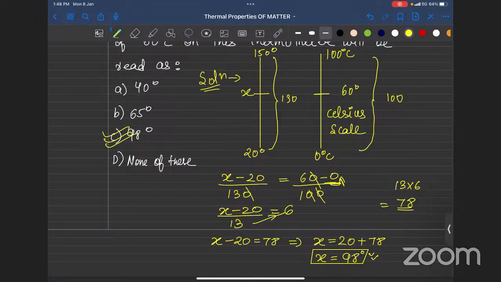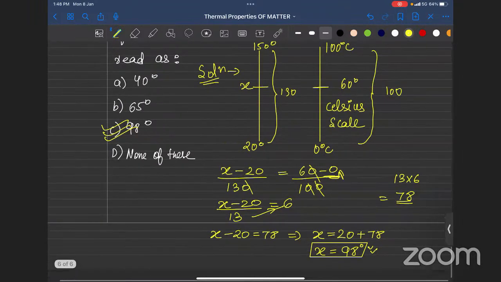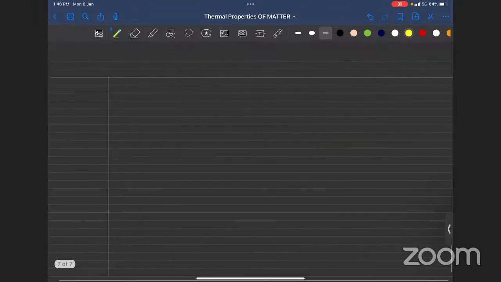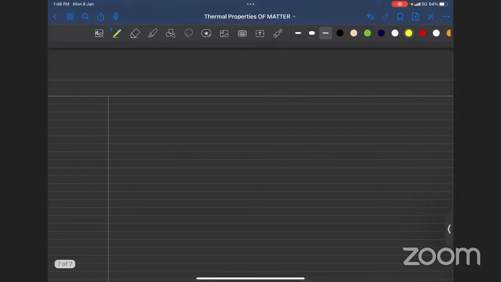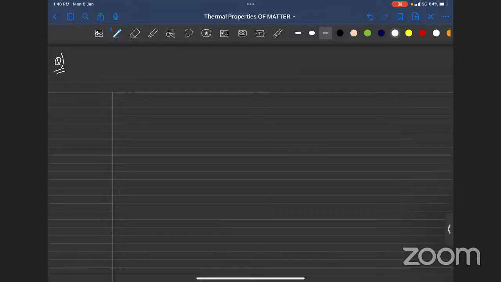Let's move towards the next question. So this is a very good level numerical for you students. I'm writing here the question. Question number 4, the fourth question.